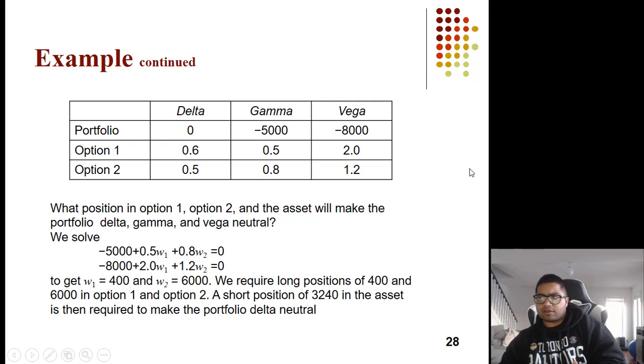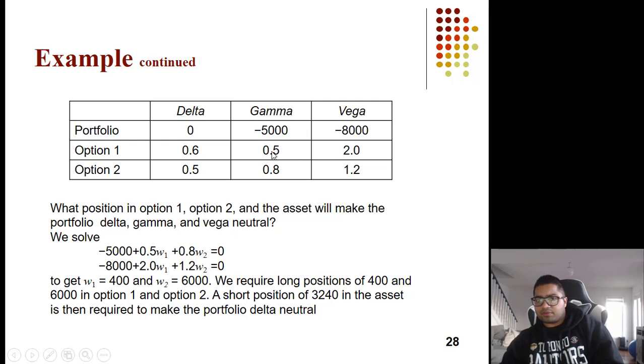One way to do it is to put it in an equation. You want the portfolio gamma to be 0. So 5,000 gamma is already existing, and you're taking positions in option 1 and option 2.